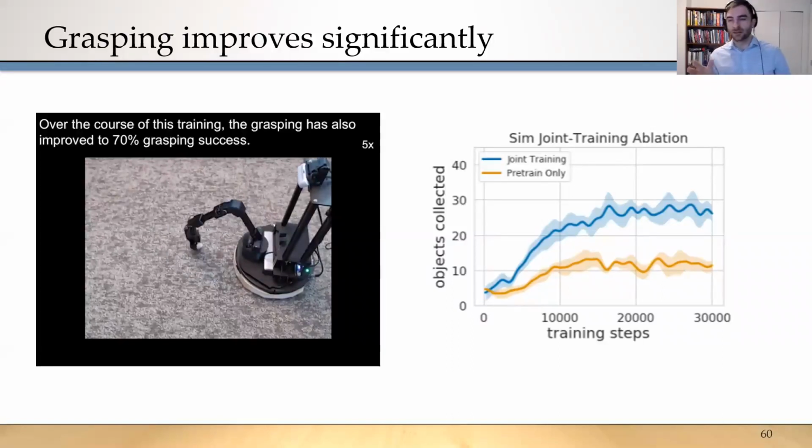And then maybe related to some of the questions on hierarchy, one of the reasons why this training works a little bit better when training these policies at the same time for this robot has something to do with the fact that the grasping policy is more of a contextual bandit policy and not a full reinforcement learning policy that's learned to plan over a long sequence of steps. So the non-stationarity that the robot has to deal with when the underlying grasping policy changes is not as significant in this case.